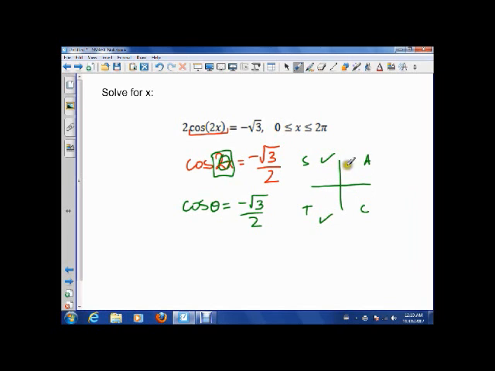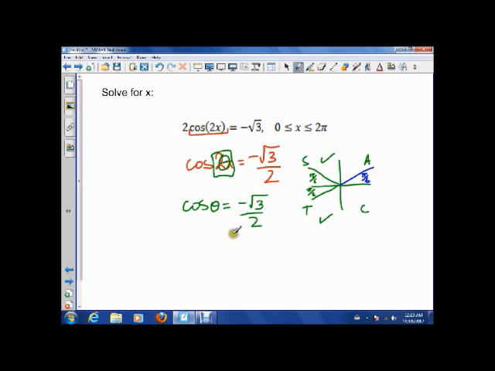Cos is positive there and there. So we know that for √3 over 2, the reference angle is pi by 6. All right? So that means that to get answers in these quadrants, that's got to be pi by 6, and that's got to be pi by 6.